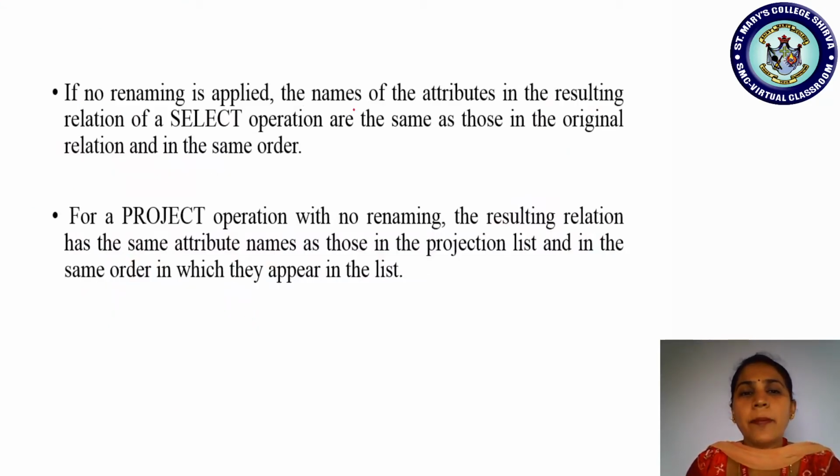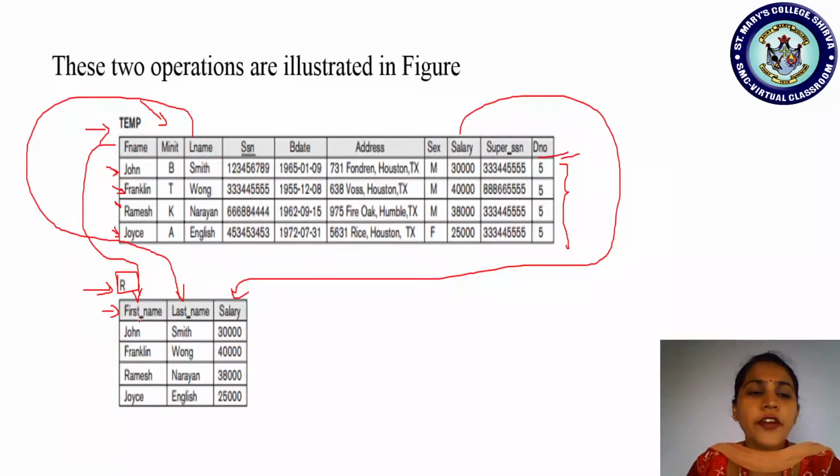If no renaming is applied, the names of the attributes in the resulting relation of a select operation are the same as those in the original relation and in the same order. So here, in case we had not applied first name, last name, it would be something like R equal to project F name, comma, L name, comma, salary from employee.